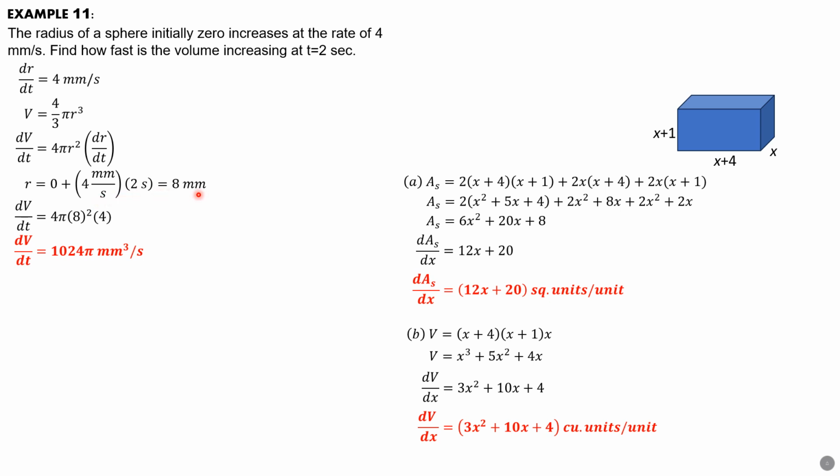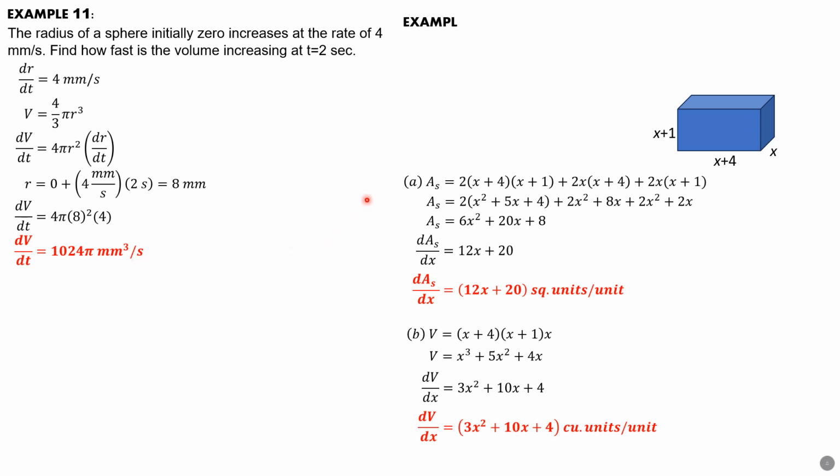So after 2 seconds, the radius becomes 8 mm, and substituting into this equation, dV/dt is 4 pi times 8 squared times 4 mm per second. Mm squared times mm per second is cubic millimeters per second. So the rate of change of volume with respect to time is 1024 pi cubic mm per second.